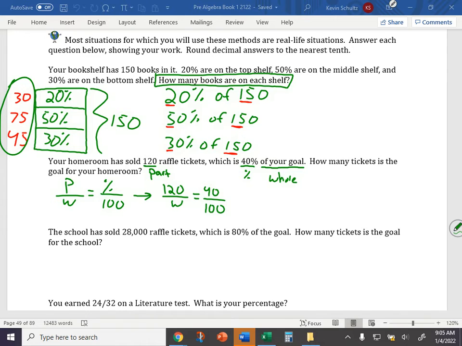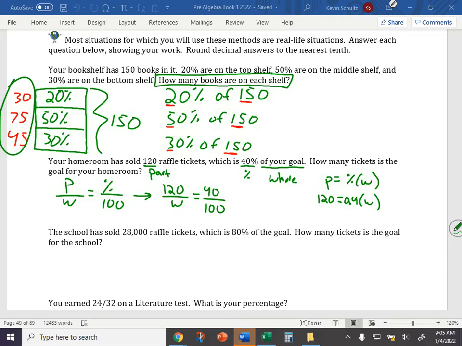As an equation, part equals percent times whole. Our part is 120. Our percent is 40, but again, we're going to write that as a decimal here, 0.4.